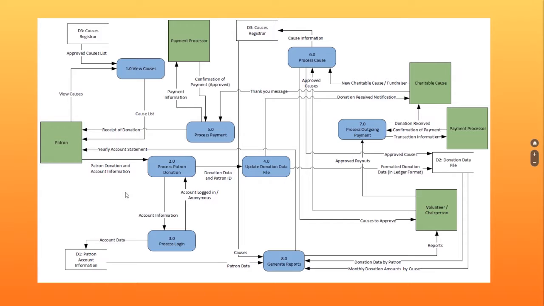Starting at process 1, cause list, the output of this process is provided to the patron, who then, should they choose to donate, this information would flow to process 2, the master process, then onwards to login process, which is number 3, and then finally process 4 and 5.